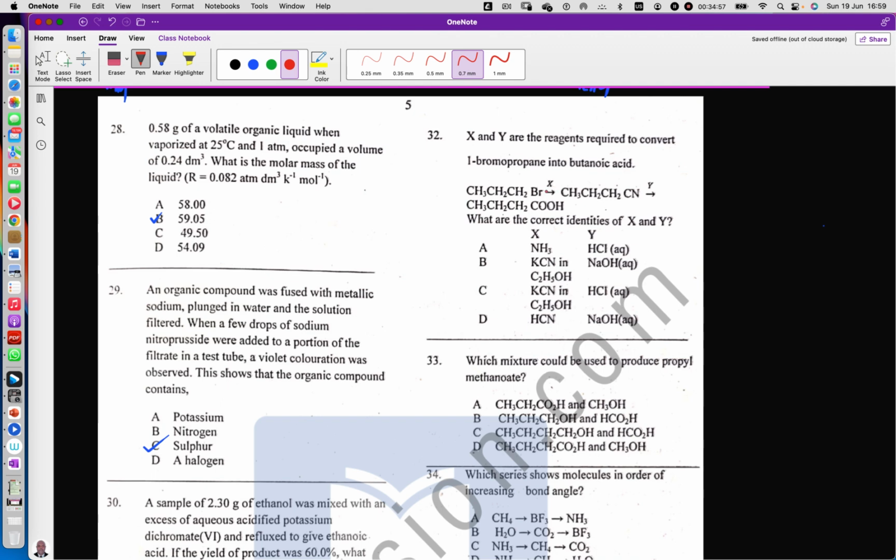In that case, there must be a cyanide, either potassium cyanide, which is toxic. Remember, I told you potassium cyanide is toxic.